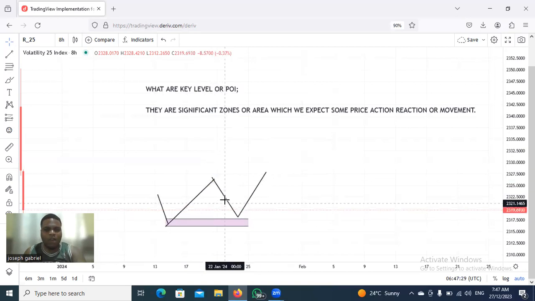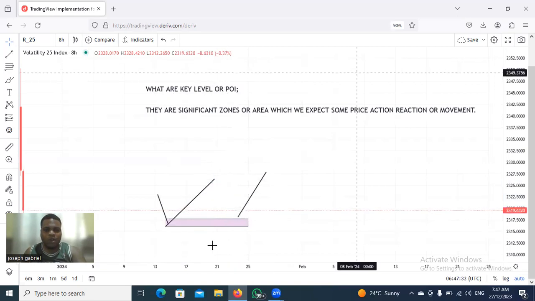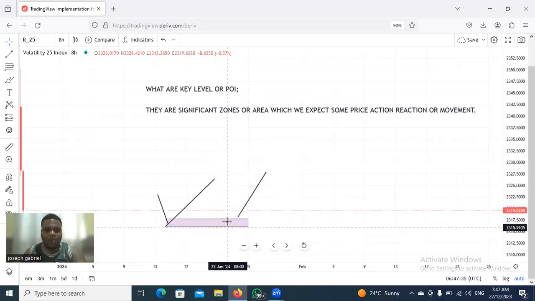So now let's dive into examples of key levels in the market.